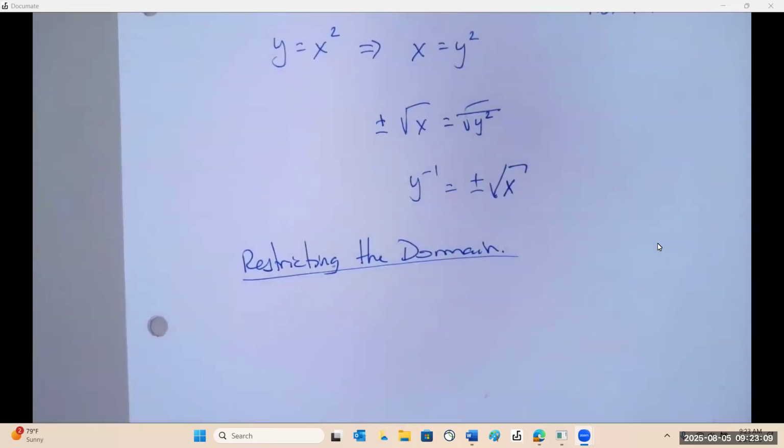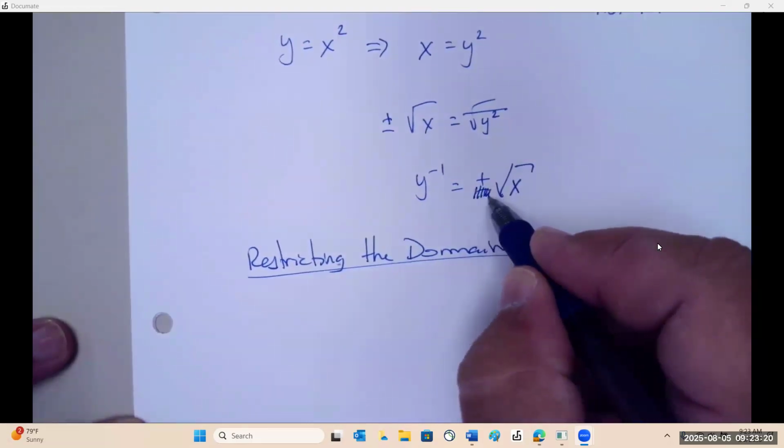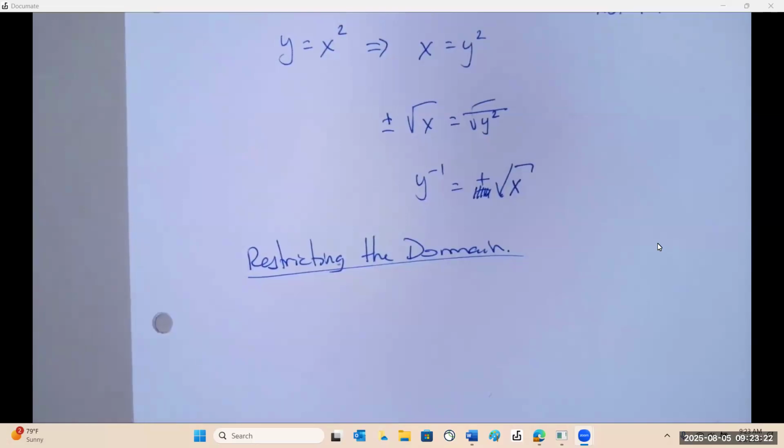If a function is not 1 to 1 because of its domain, we can restrict the domain. In other words, we're not going to take any negatives. So we're only going to look at the first quadrant, for x being greater than 0. Now it's going to work.